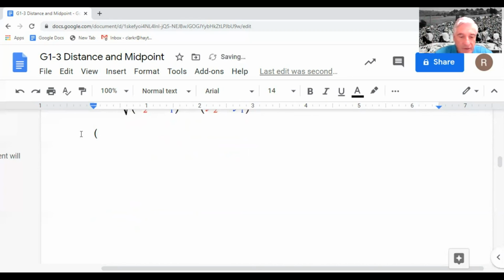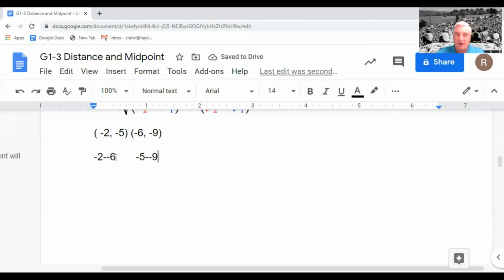Let's try minus 2, minus 5, and let's try minus 6, minus 9. We're going to subtract the x's. The x's are the first ones. That's minus 2 minus a minus 6, and then our y's, minus 5 minus a minus 9.